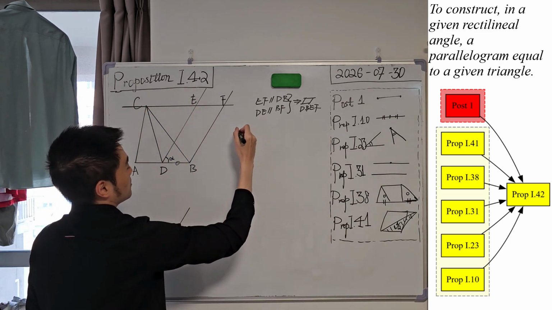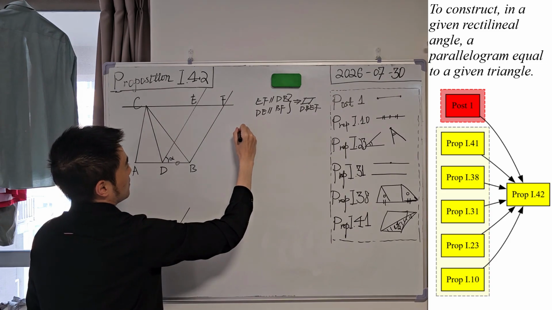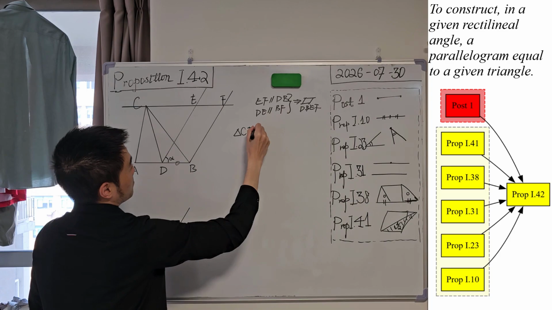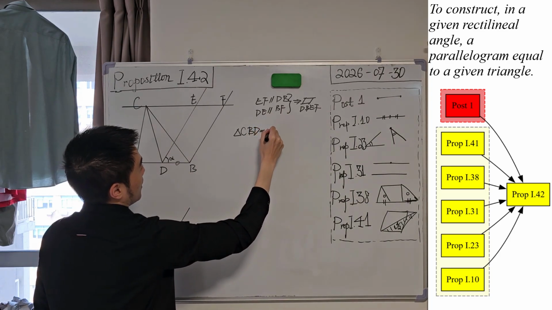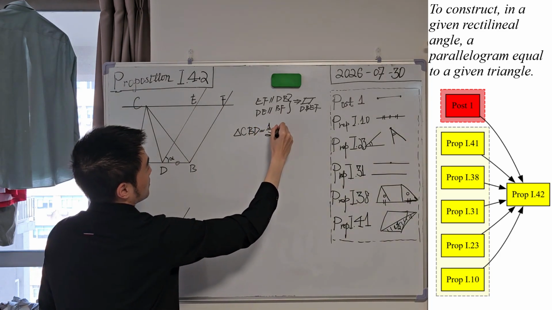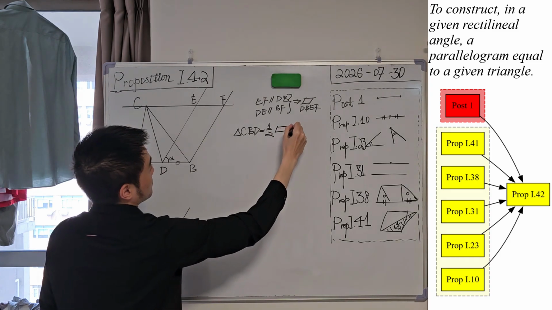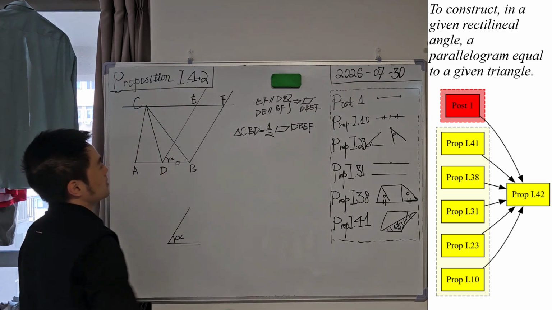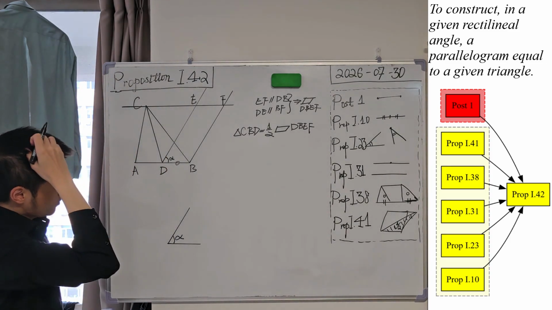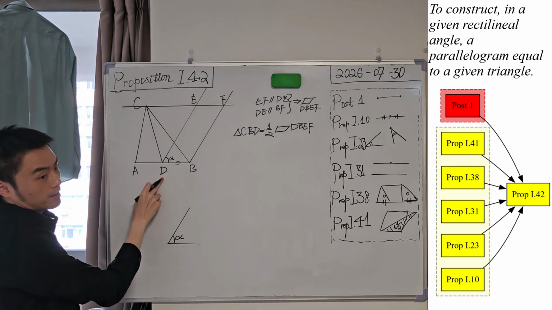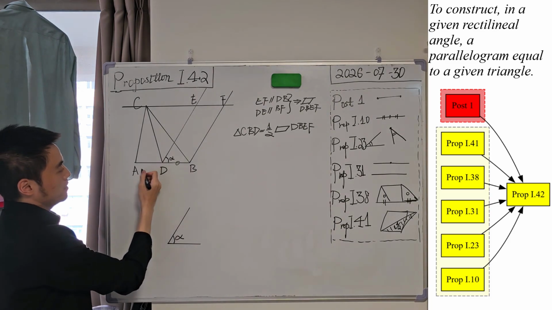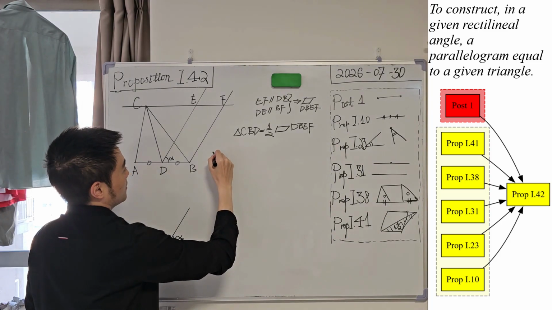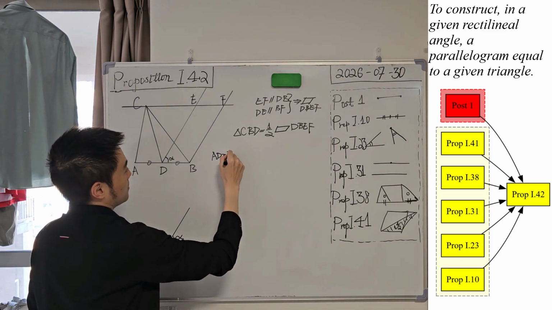Which means triangle CDB equals half of parallelogram DBEF, correct? And what we know, the point D bisected AB, so AD must be equal to DB.